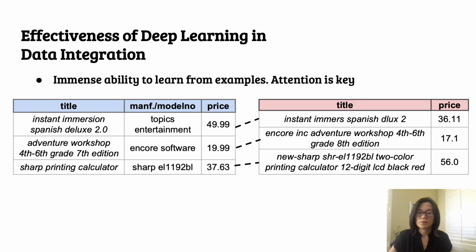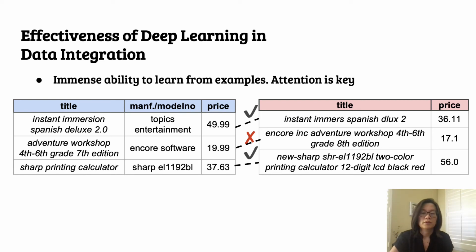I will also add that its immense ability to learn from examples and pay attention to the right details are also key here. This makes it capable of knowing what to focus on for different pairs of records. So for example, in the second pair here, it somehow knows to pay attention to the edition number, which is key in determining the unmatched decision here.